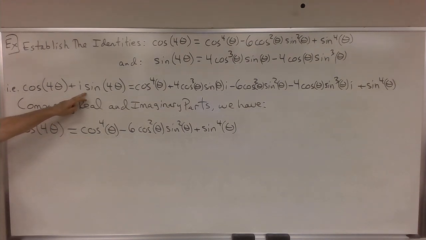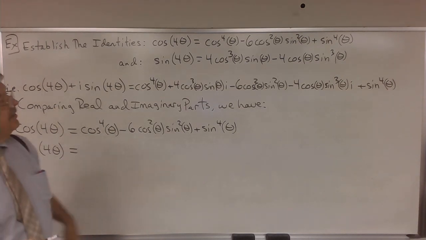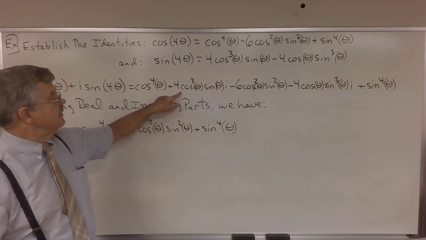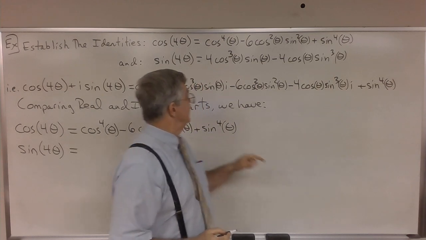Now the imaginary parts. This term has a coefficient of i, so sine 4 theta is the imaginary part on the left. And on the right, this term has a coefficient of i, and this term has a coefficient of i.